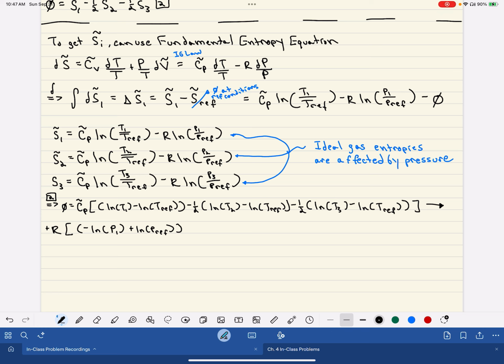And then we're going to have plus 1/2 negative ln of P2 plus ln of Pref, plus 1/2 negative ln of P3 plus ln Pref.